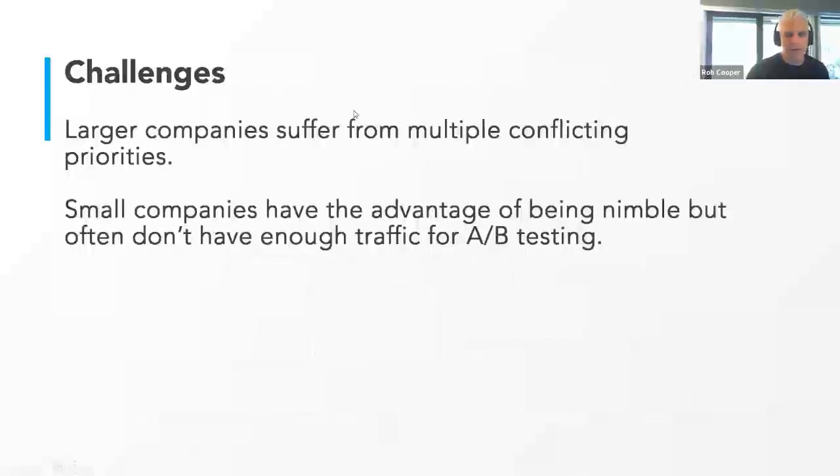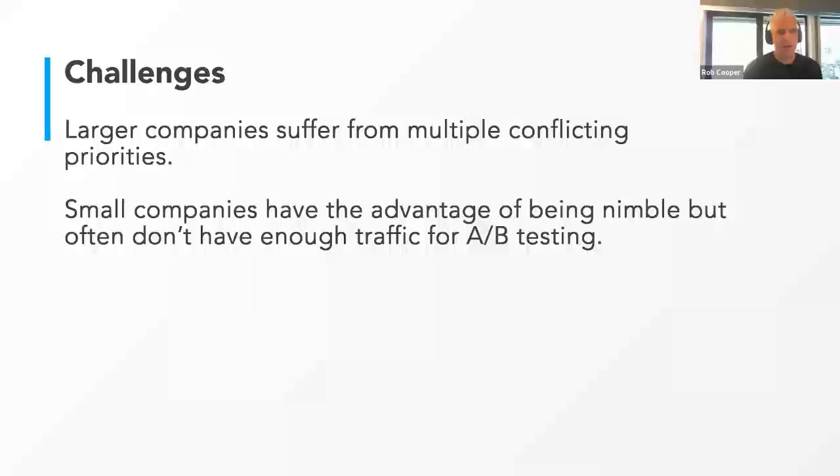And so, challenges. Of course, there are some challenges to conversion optimization, particularly in regards to websites and homepages. Larger companies often have just a ton of conflicting priorities, whether it's different products, different divisions, different departments.